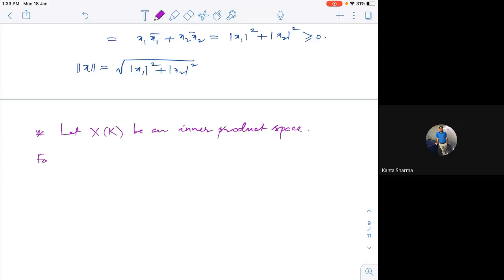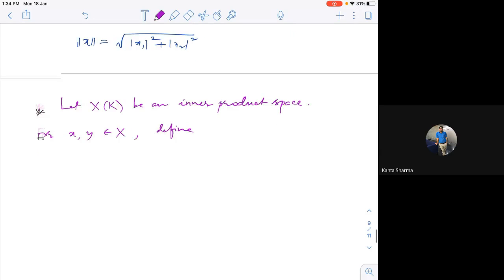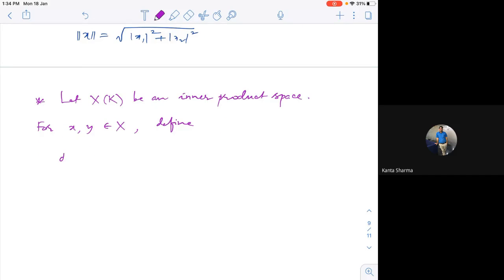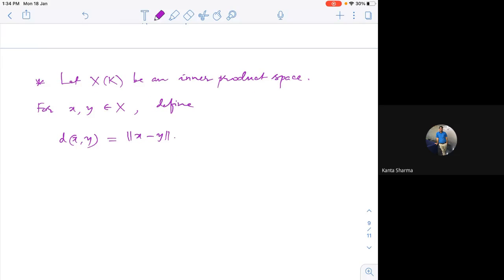For x comma y belonging to this capital X, define d of x comma y to be the norm of x minus y, of course for x and y belonging to capital X.